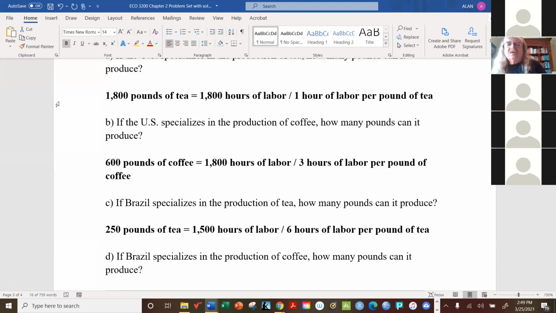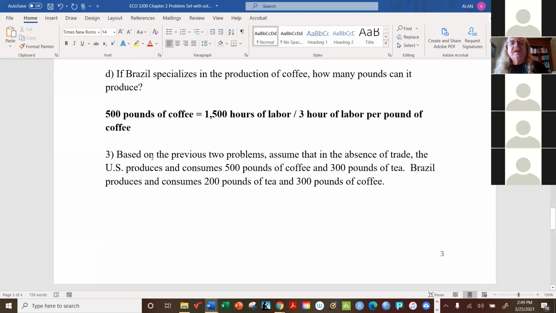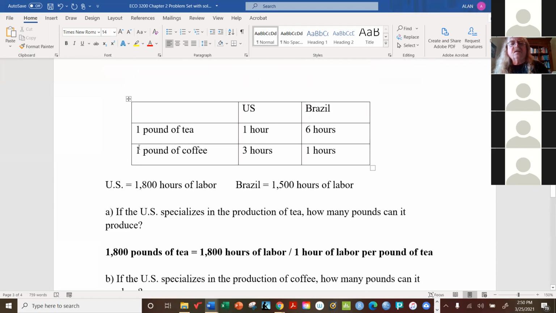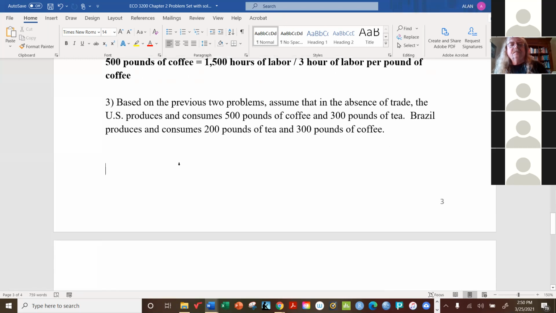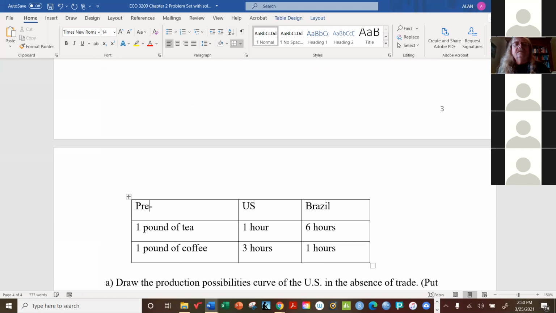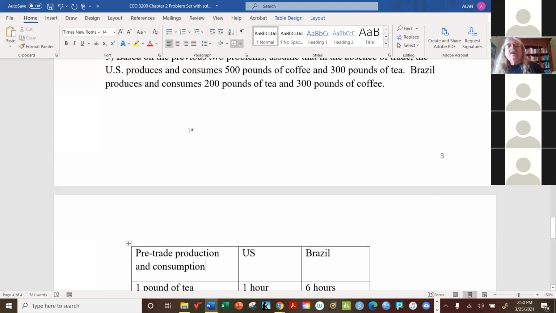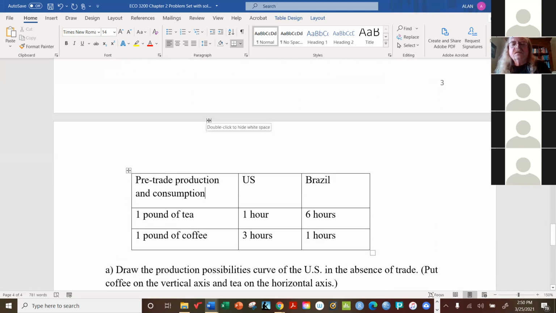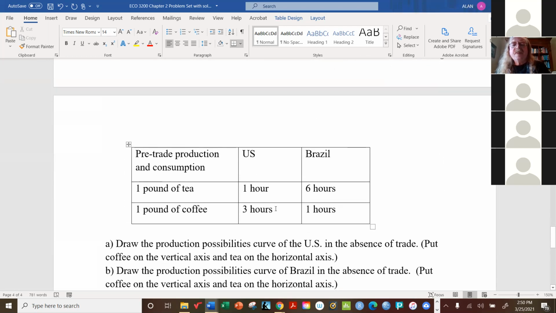Okay, so we're going to assume now in part 3 that without trade, here's how much is being consumed and produced in the two countries. So let me make another chart here. The key detail is that without trade, you can only consume what you produce. In other words, if you want 500 pounds of coffee, you have to make 500 pounds of coffee.